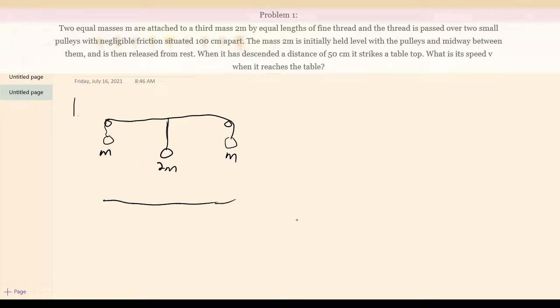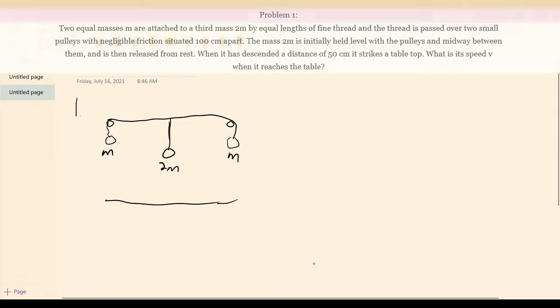Actually, the mass 2m is originally here at the top, connecting the string here, and it eventually falls to the tabletop here.